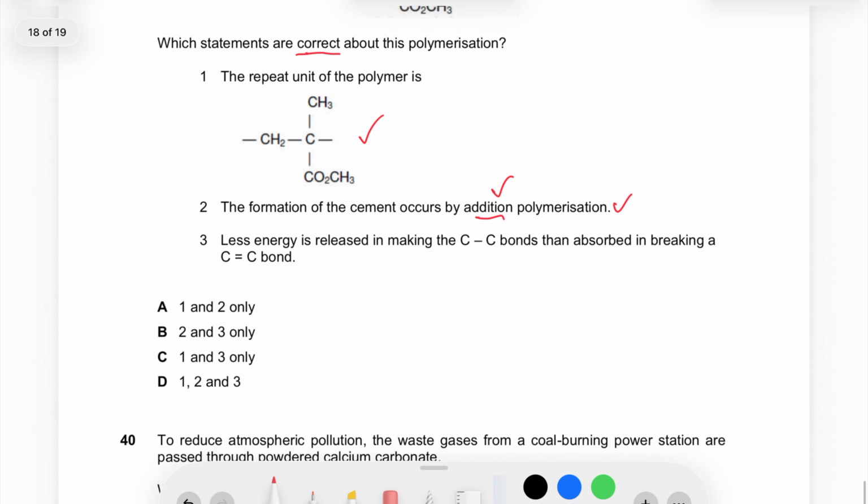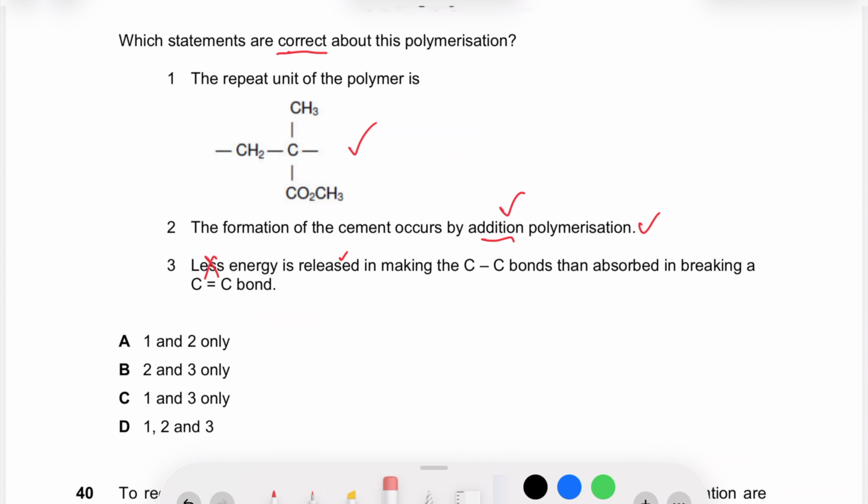Okay. So less energy is released? No, it should be more energy is released. Okay, so it should be more energy because it's exothermic. So this is false. So only 1 and 2 are correct. So answer should be A.